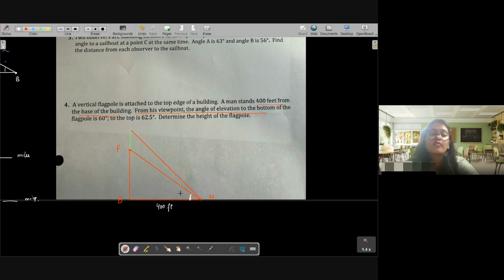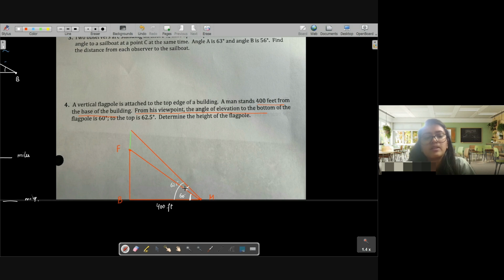When you're looking at the bottom of the flagpole, this angle is made, so this is 60 degrees. And when he's looking at the top, the angle is 62.5 degrees. So the bigger angle, this one, is 62.5, which means this much is just 2.5.